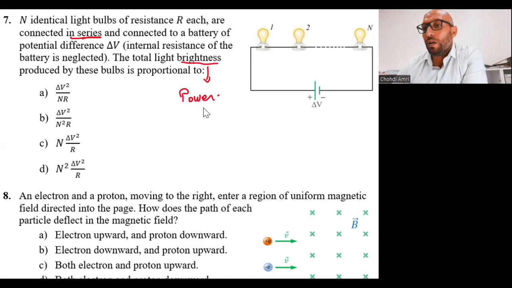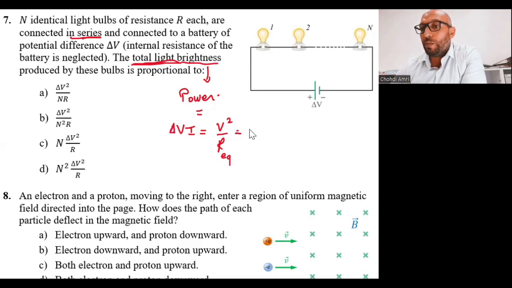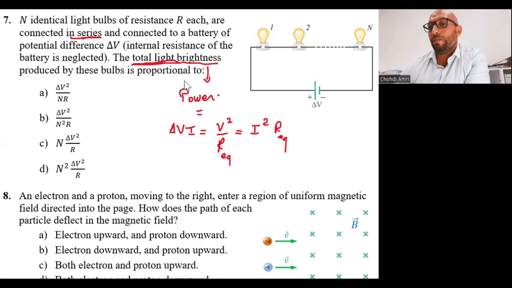And the power is equal to VI, which is equal to V squared over R equivalent for the total brightness. Here he's talking about the total brightness. So let's say here it's delta V, which is proportional to I squared multiplied by R equivalent, because we are talking about the total brightness.